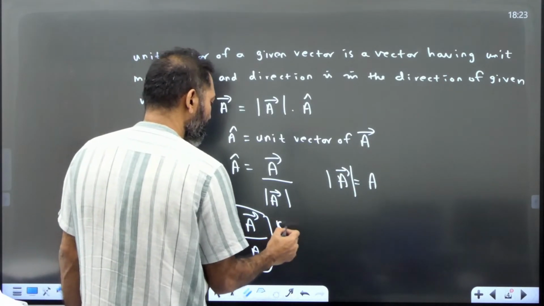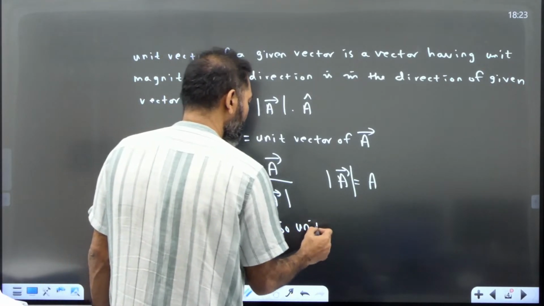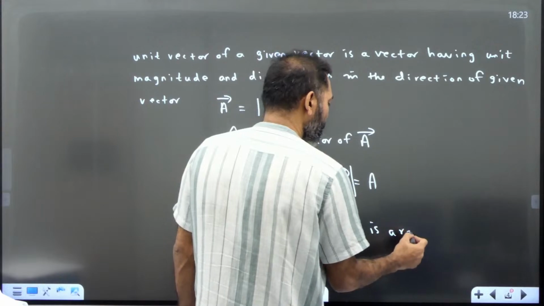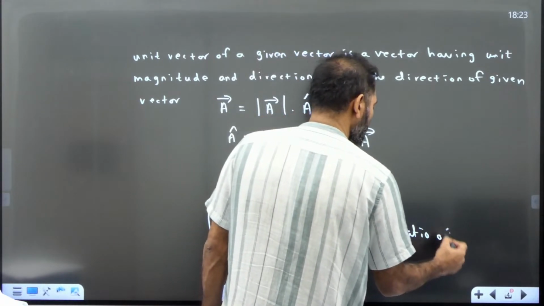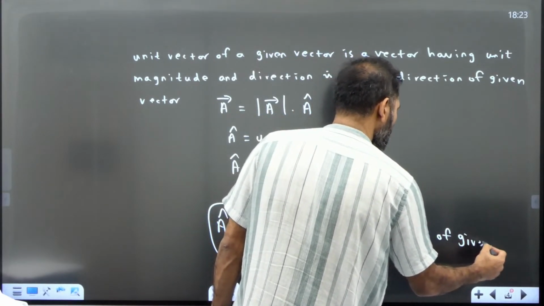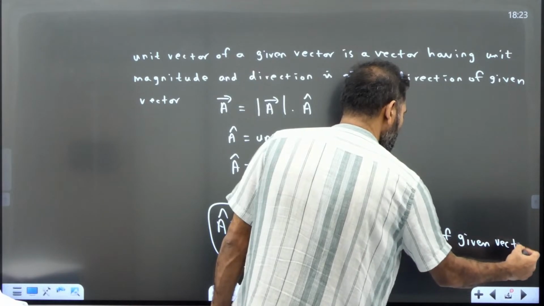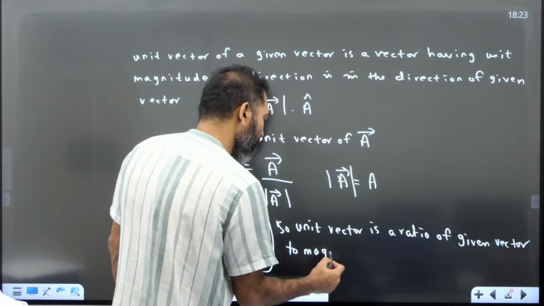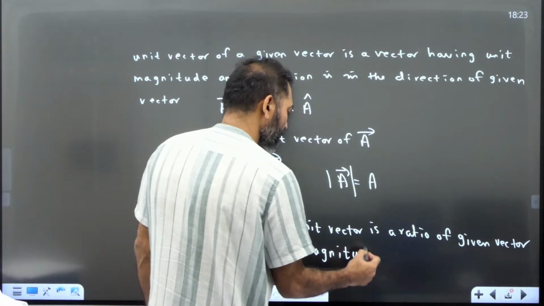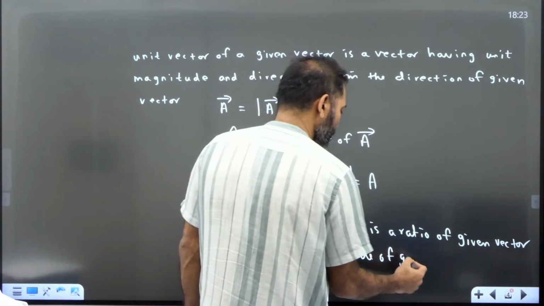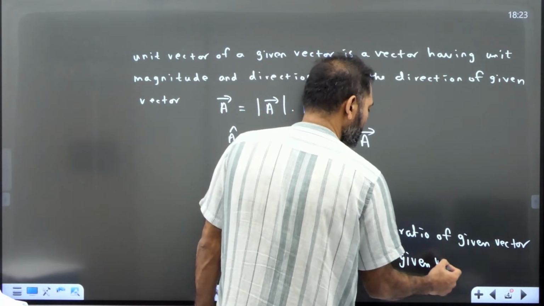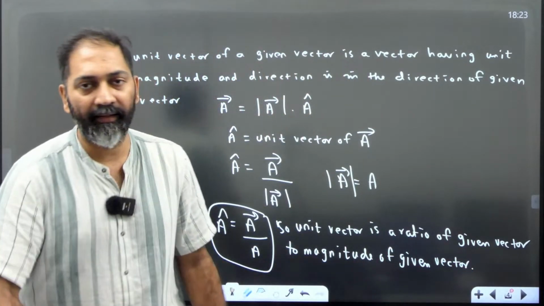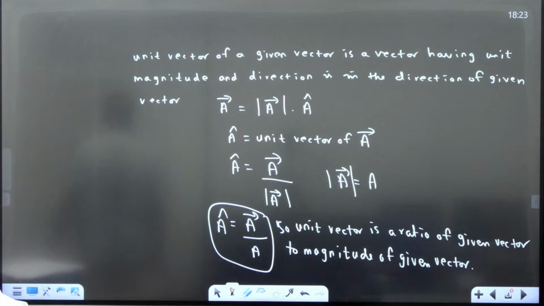So unit vector is a ratio of given vector to magnitude of given vector. Ratio of given vector to magnitude of that vector will give what? Unit vector. A vector divided by its magnitude will give what?